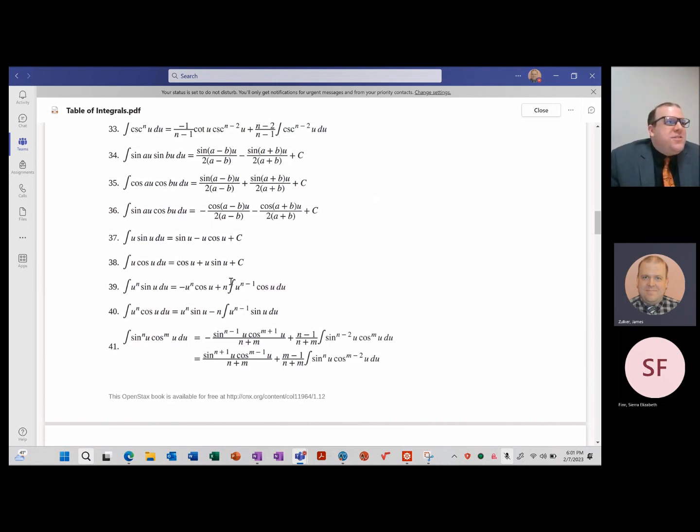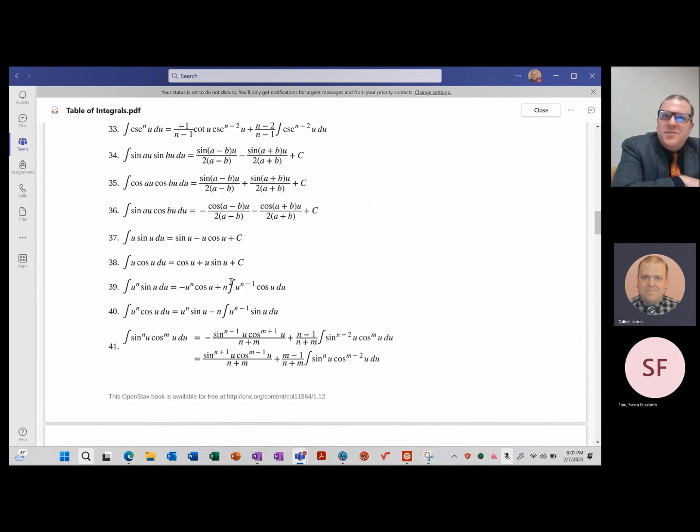It is 41. This one would actually be easier just to do u sub, let u be sine of 2x. But we're going to use the table to see how we can manipulate everything.